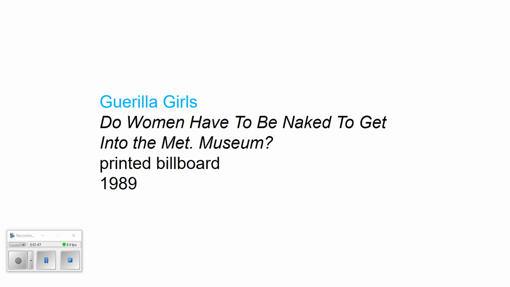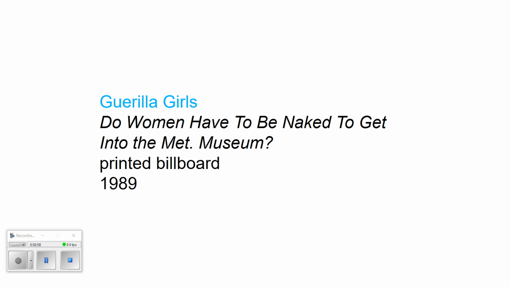Okay, we're going to move fast forward way into now to 1989, and we're going to take a look at a group out of New York City called the Guerrilla Girls. Guerrilla Girls started to investigate practices in museums and galleries in terms of how gender was being represented.